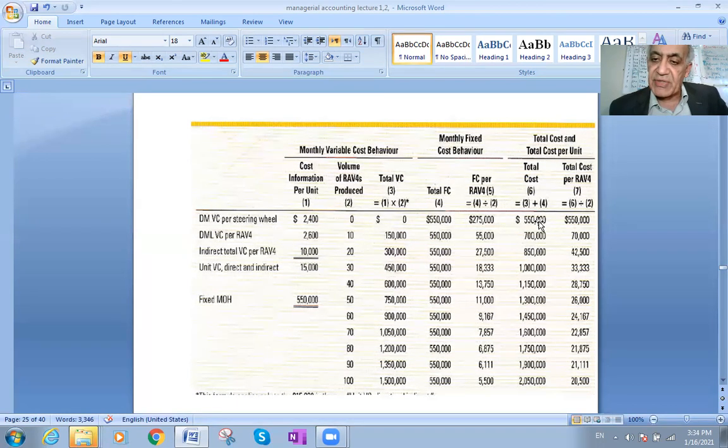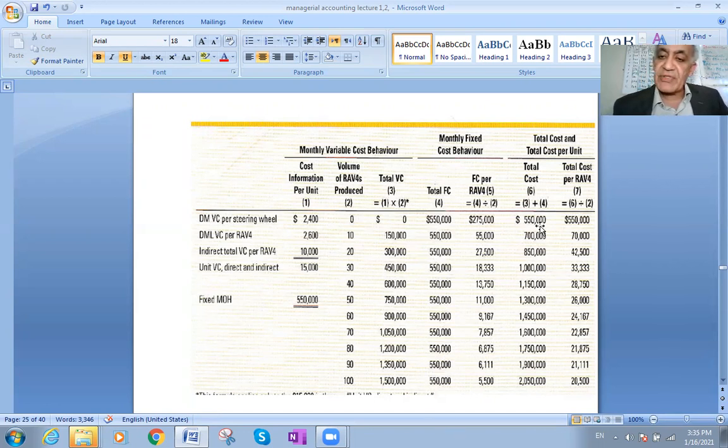So I will say the total costs divided by the number of units. But wait. On the first level, the fixed cost is fixed. Whether I produce or the machines are at zero level, like here, where we don't produce, I'm still carrying the fixed cost. Even here, look at this, zero production, it's 550,000. In all cases, you are carrying the fixed costs in total.